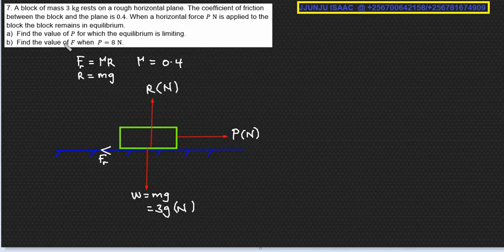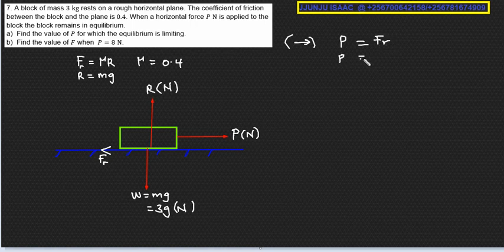Now if the body is in equilibrium, that means it is not going to the right and it is not going to the left, so it is remaining in one position. That means that this horizontal force and the friction force are equal. So let us apply the necessary equations. Horizontally, P will be balanced by the friction force.